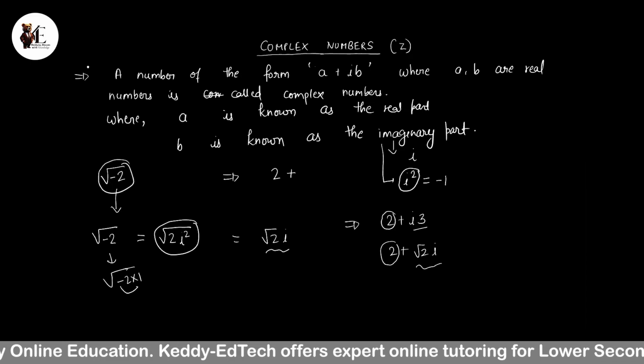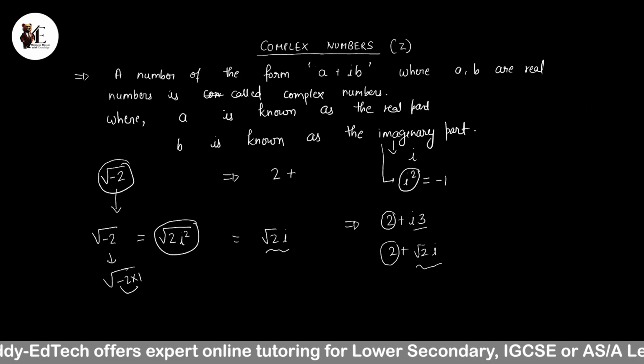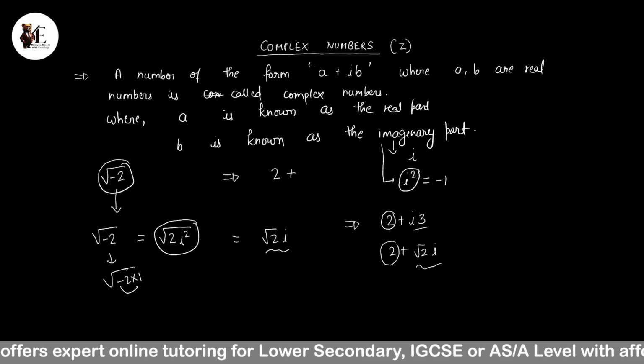So complex numbers have applications, like in quadratic equations also. I'm just taking an example: solve the equation x square minus 6x plus 58 is equal to 0.